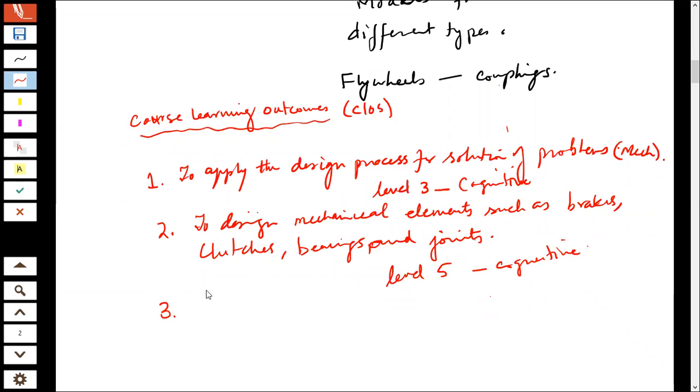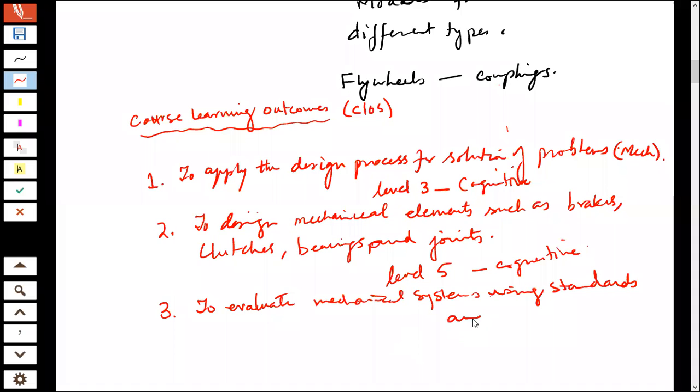Third one will be to evaluate mechanical systems using standards and codes.